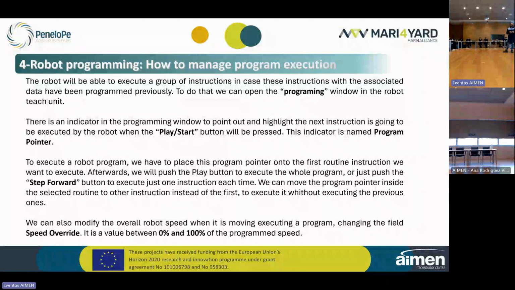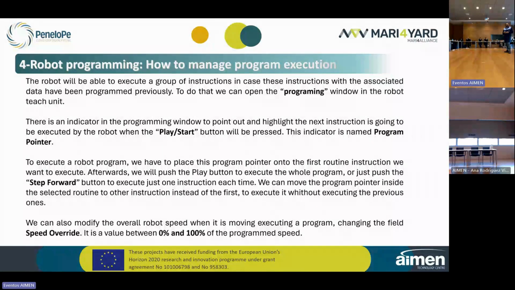To execute the robot program, we have to place this program pointer onto the first instruction of the routine we want to execute. And afterwards, once the program pointer is on this first instruction, we can press the play button on the teach unit to execute that program.